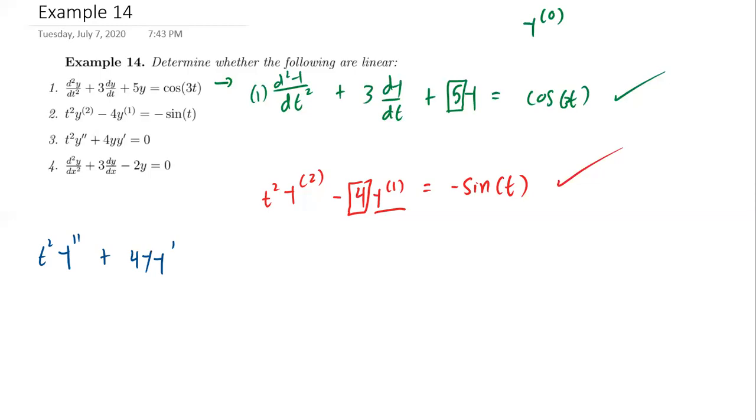It's true that y is a function of t, but since we don't know what y is, we don't know what expression it is in terms of t. So we can only leave it as a y. If you want, instead of saying the coefficient is a function of t, you can say it's an expression involving t. In this case, 4y is not an expression involving t. So as soon as you see that the coefficient of a derivative is not an expression involving t, it's not linear.